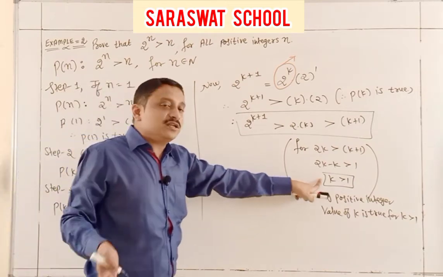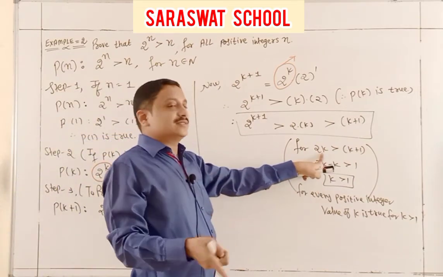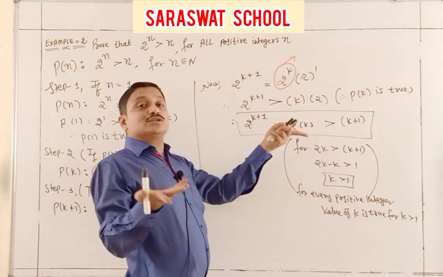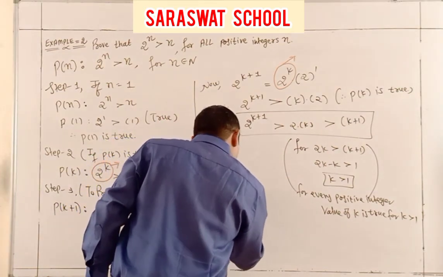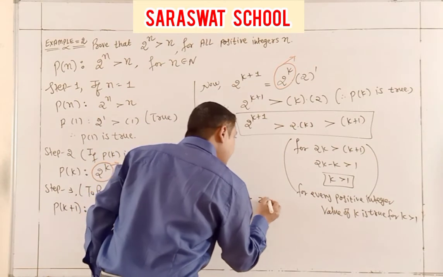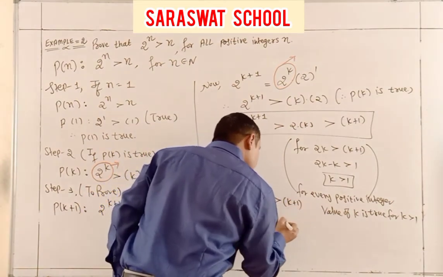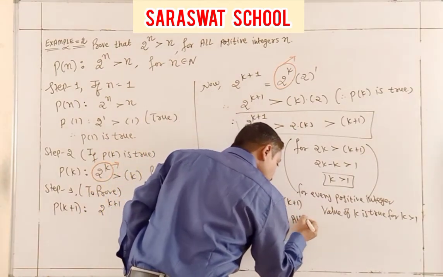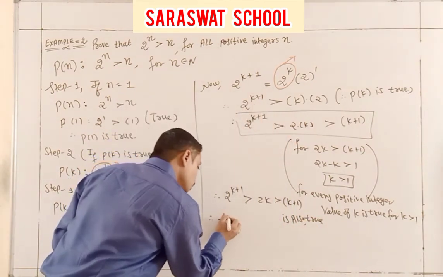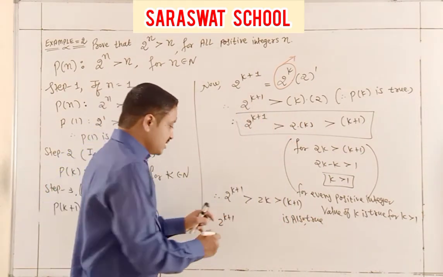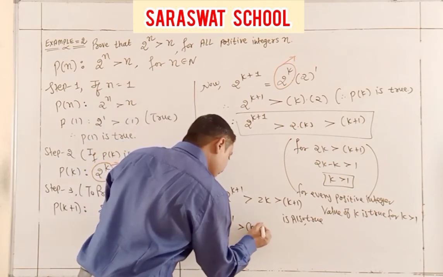It means this statement is true, this is true, and that is also true. So finally I write down 2 raised to k plus 1 more than 2k, more than k plus 1, is also true. That's why, students, I just write down 2 raised to k plus 1 is greater than k plus 1.